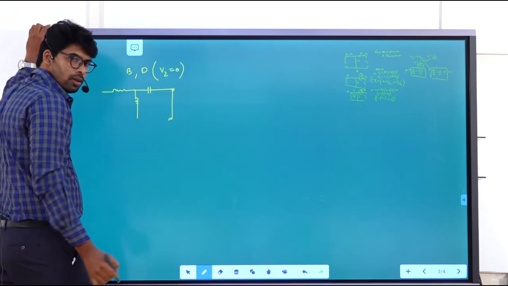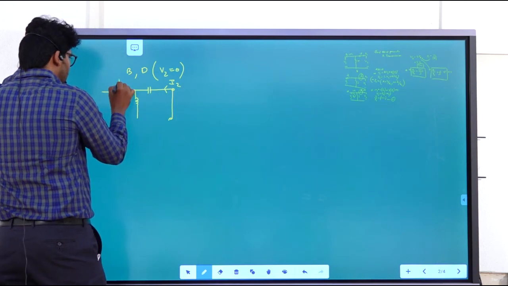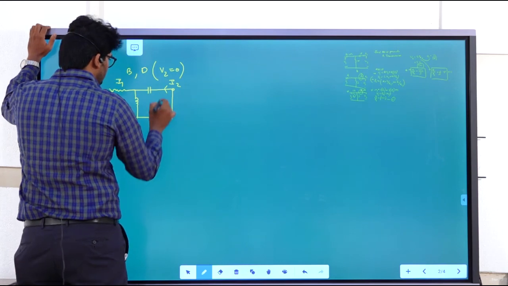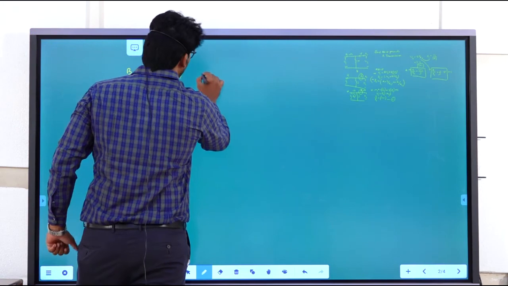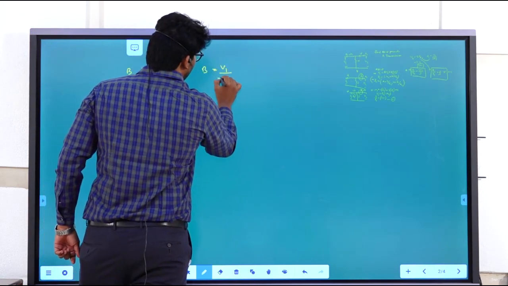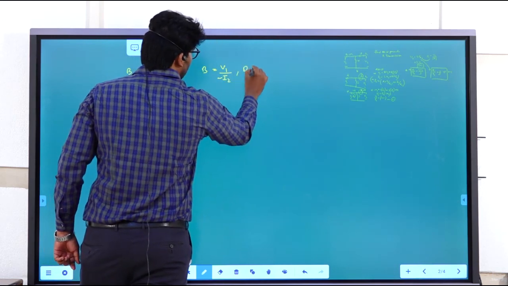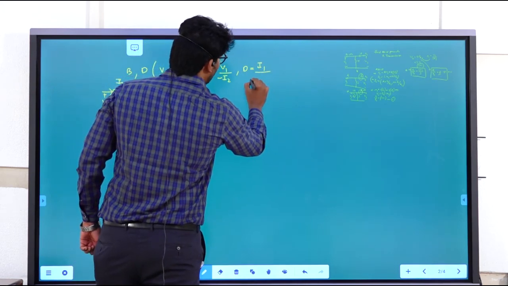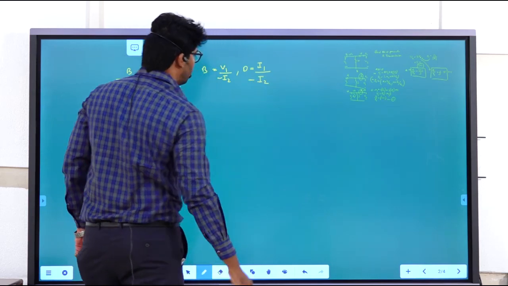We are shorting the output terminal, and current I2 is entering and current I1 is entering here. We have voltage V1. So if we make V2 equal to 0, the value of B equal to V1 by minus I2 and the value of D equal to I1 by minus I2. So these are the two values we have to get.